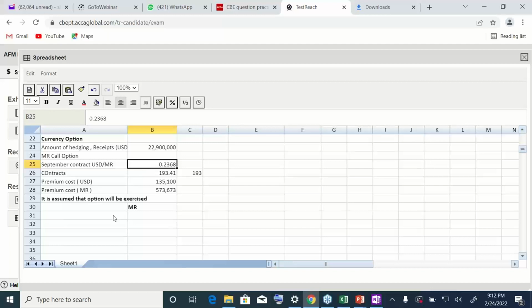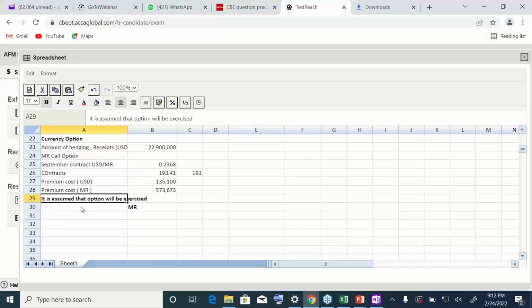Okay, guys, please listen carefully. Whenever you write this statement, that option will be exercised, go to step number 2 and identify what contract you have entered.